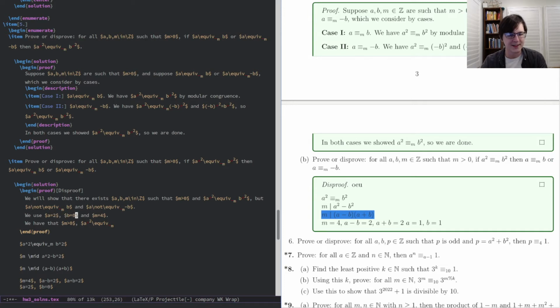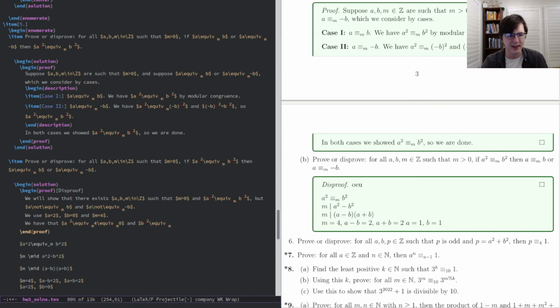Okay, so a squared is congruent mod m to 4, which is congruent mod m to 0, and b squared is, I'm not going to mention the positive part, that's obvious, and it just clutters.